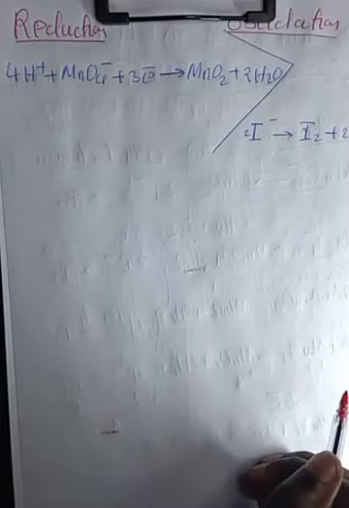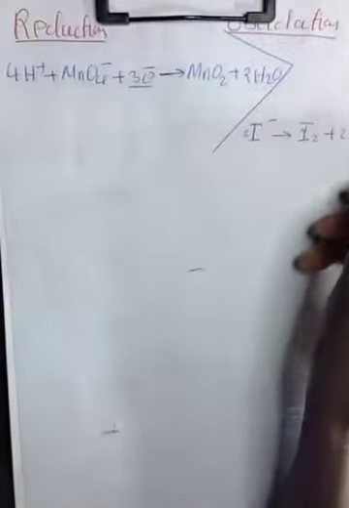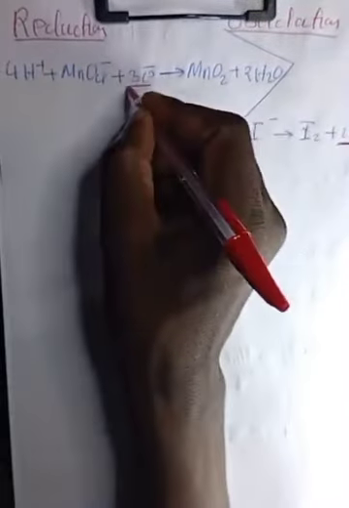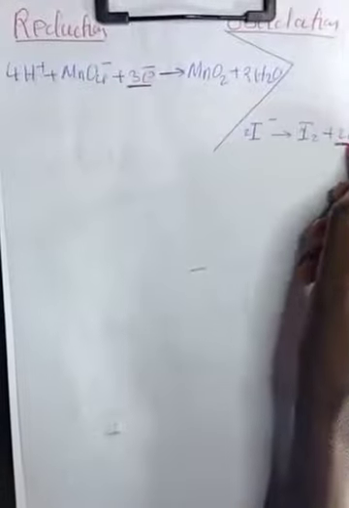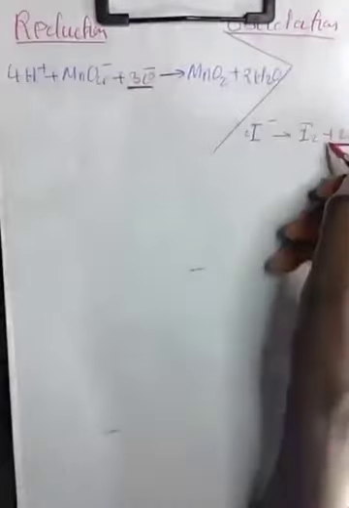Now, there's one important concept that we need to know: between the 2 half reactions, the number of electrons should be the same. So in the reduction half reaction and the oxidation half reaction, the number of electrons should be the same.